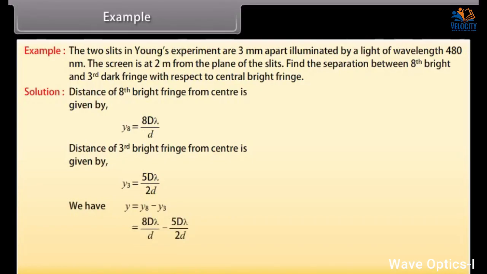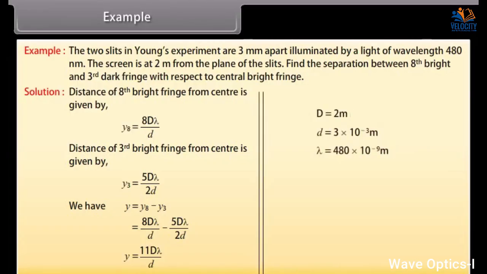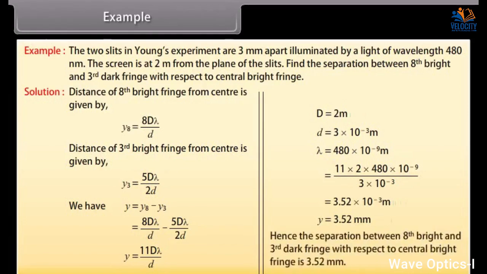By putting the values and calculating, we get y is equal to 11 capital D lambda upon small d. Putting the values in the above equation and calculating, we get y is equal to 3.52 millimeters. Hence, the separation between the 8th bright and 3rd dark fringe with respect to the central bright fringe is 3.52 millimeters.